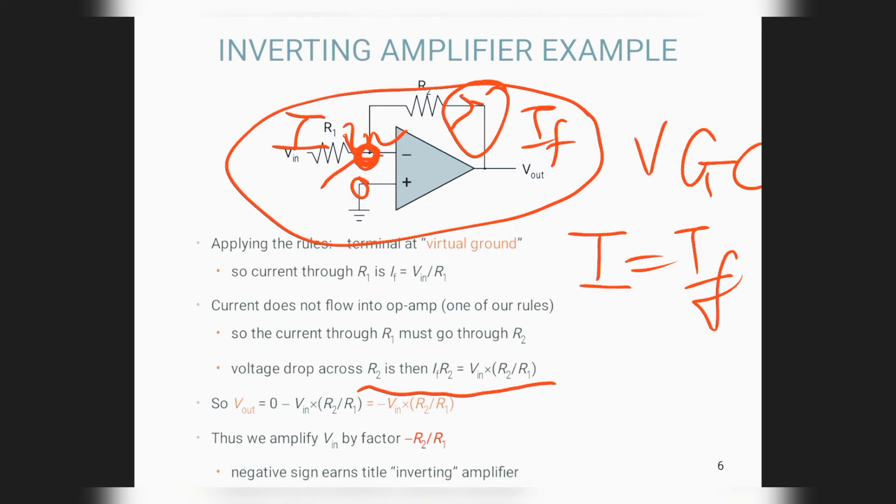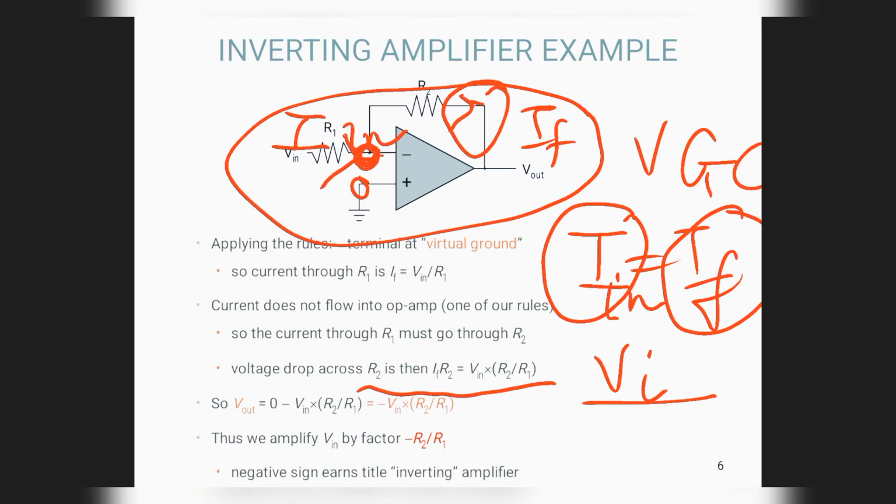Or we can use the formula I is equal to IF. I in is given by V in by R1 equals to IF. IF can be given by V naught upon R2. V naught minus VB. Here VB is 0 due to the virtual ground concept.